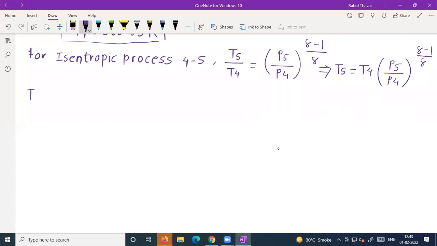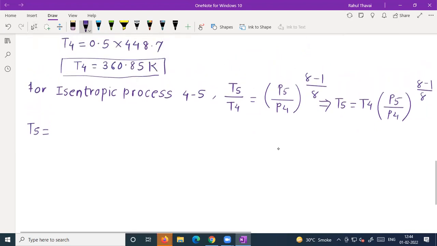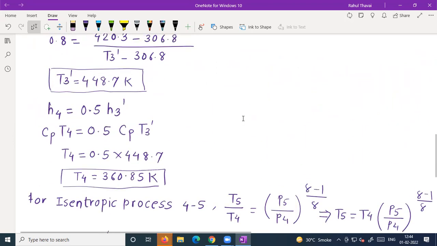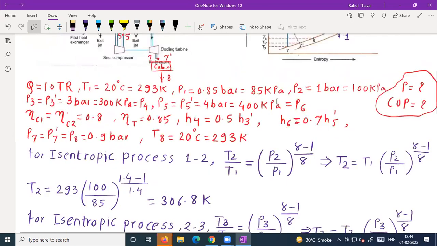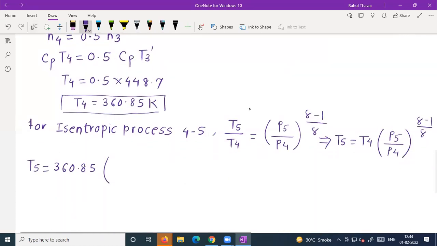So let us calculate now T5. T5 is given by T4, which we have just calculated, 360.85. P5 by P4. Let us calculate P5. P5 is given, it is P5 dash, 4 bar, that is 400 kilopascal, divided by P4.